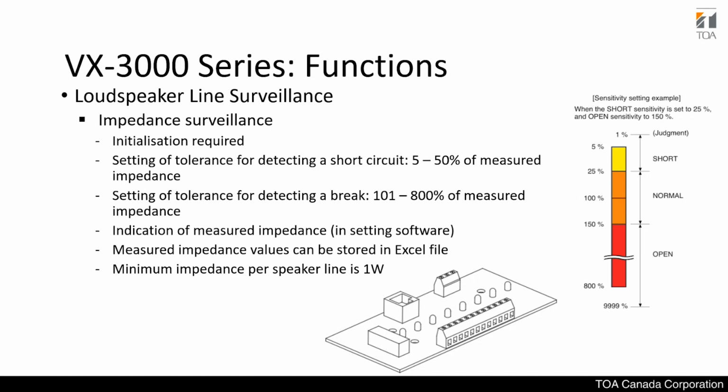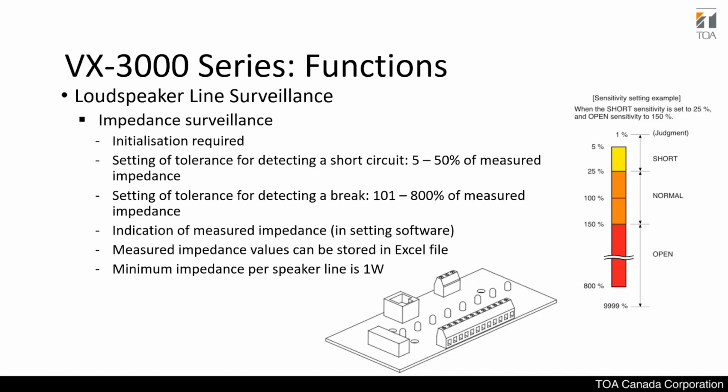The indication of the measured impedance will be shown in the setting software, and the measured impedance values can be extracted and stored for your recording, so that, say, if you want to manually measure any of your speaker lines, you have this reference, and you won't need an impedance measurement device.